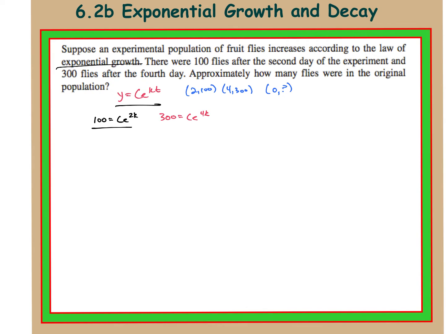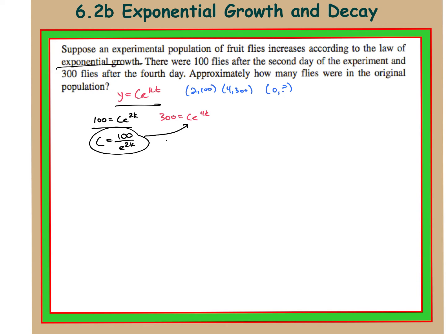Well, we can solve for C in one of these. What's C and e's relationship right now? Multiply, so we're going to divide. So C is equal to 100 over e to the 2k. So now I'm going to take that and substitute it back into this other one.